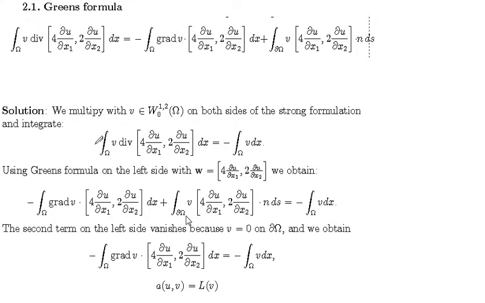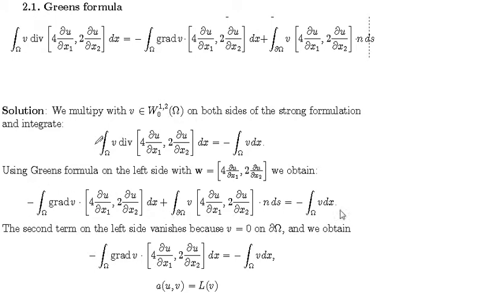And now we make the following observation. Since we are using only test functions v in W0, we note that v is 0 on the boundary, and this is a boundary integral, so here we can put v equal to 0 all over this boundary. Therefore, this integral will vanish. So therefore, we obtain this identity.